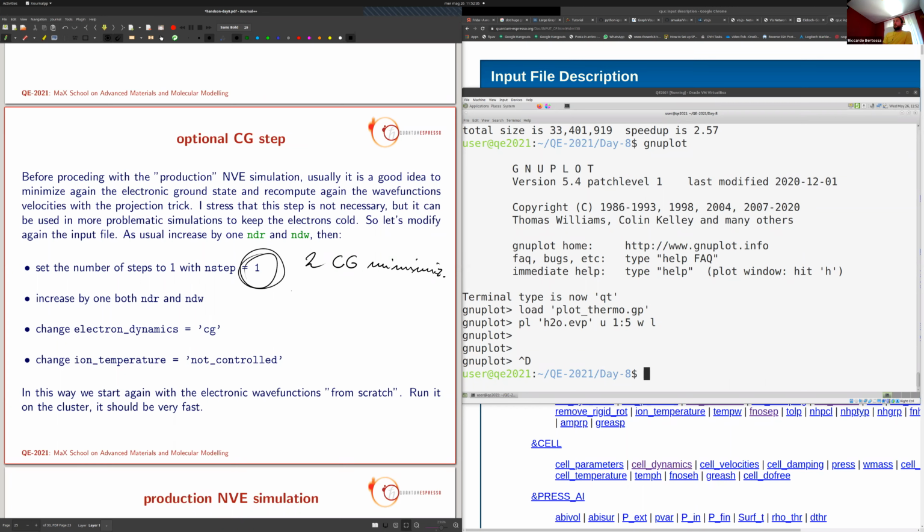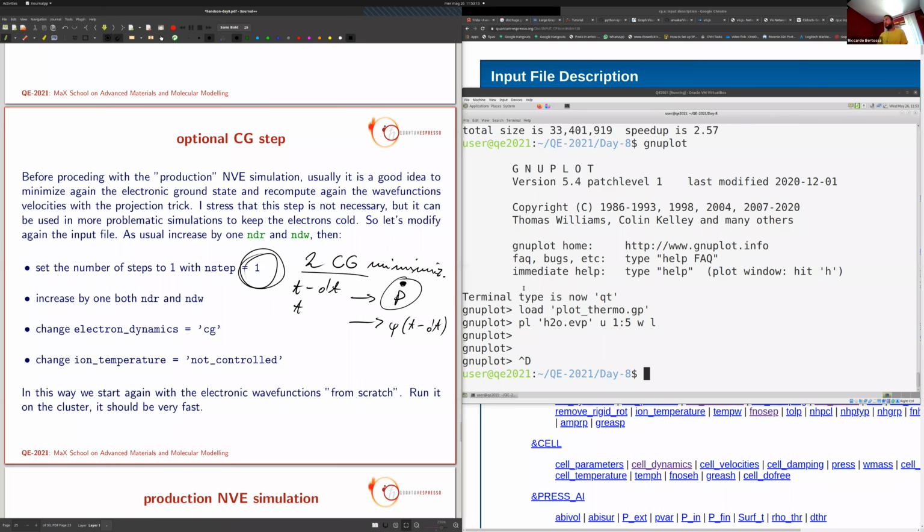It does one minimization for t minus dt and one for t, then it computes the projector, and then it computes against the t minus dt wave functions. So you say one step, but inside the code does two steps of conjugate gradient to compute the projector over the occupied manifold. So this is easy to do and also very fast because we have only one step.